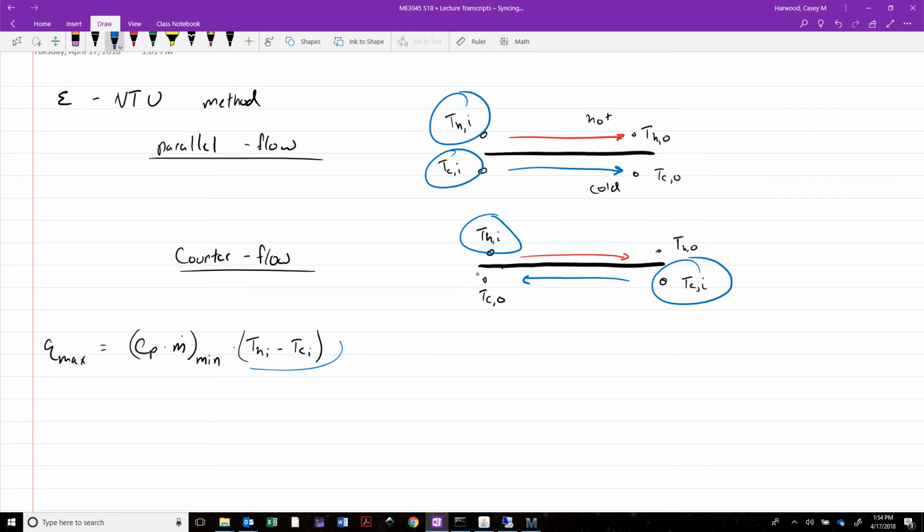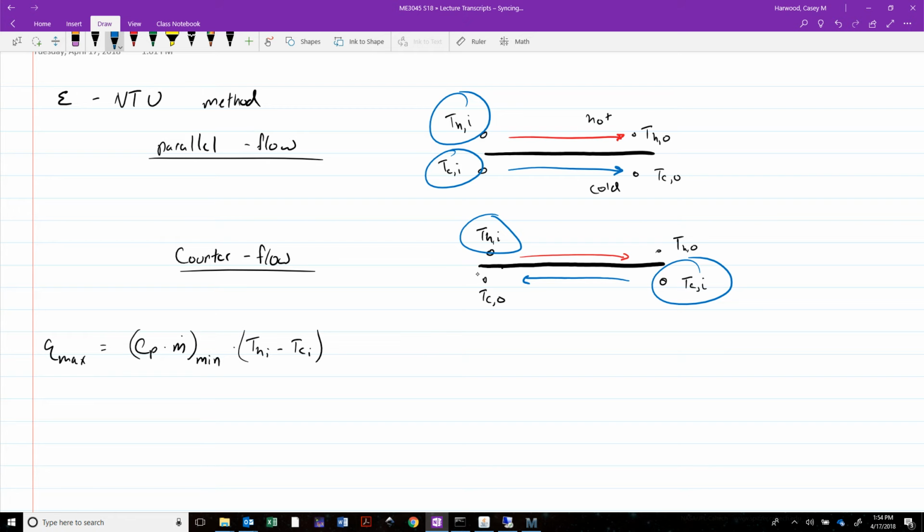Well, notice first this temperature jump, right? What we've got here is the difference between the hot and cold fluid inlet temperatures. So depending on whether we're talking about a parallel or a counterflow heat exchanger, these would be at different physical locations. But in either case, this represents the largest difference in fluid temperatures at any point in the heat exchanger, right? The hottest hot temperature and the coldest cold temperature.